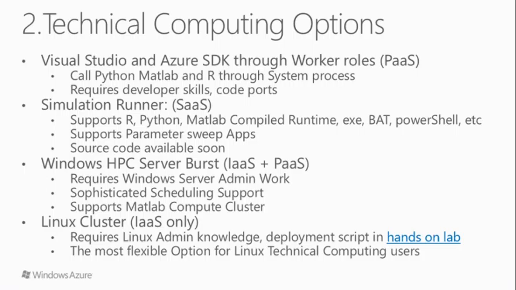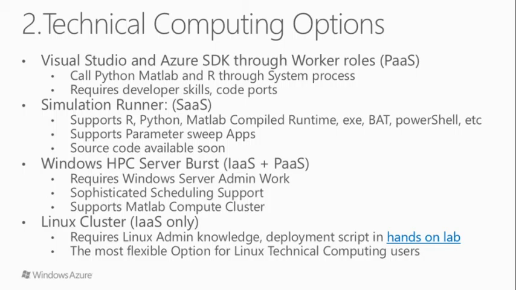The second piece I want to look at is the technical computing options, which are very important to many of our users here. If you want to build something scalable, what are the things that you will have to do? There's Visual Studio and the Azure SDK, which you can use to build pretty much any type of scientific or business application you like. You go to Visual Studio, say File, New Project, and add the type of roles you want.